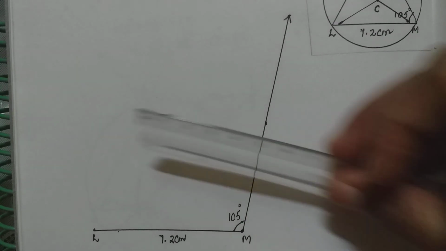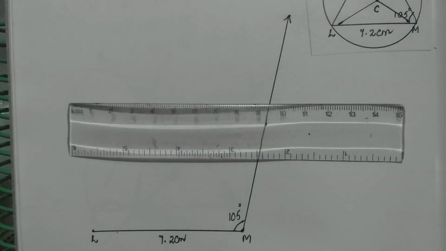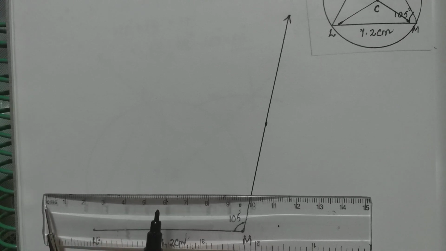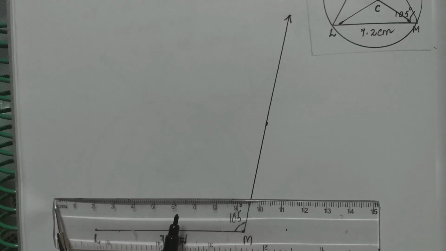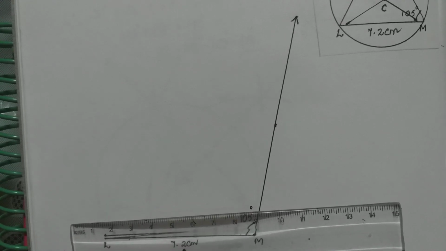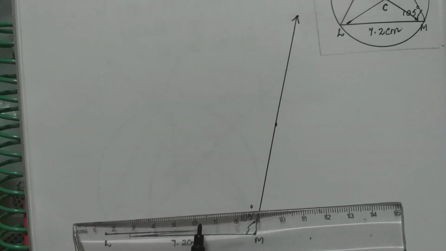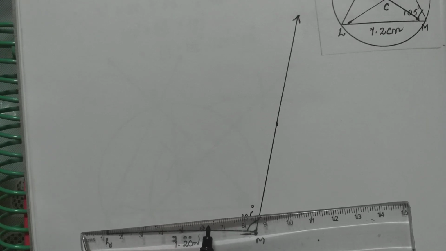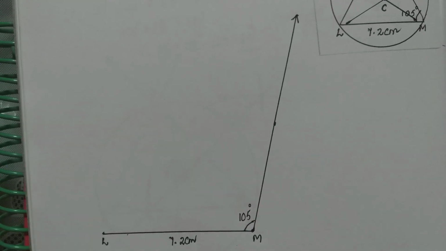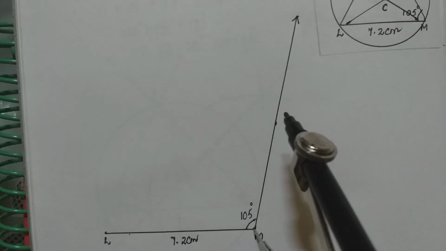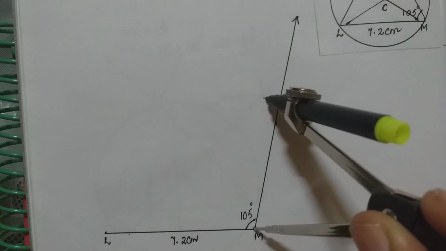So what do I do? I take the scale, I take my compass and measure 6.4 centimeter on this, and now at M I will keep the point of the compass and cut an arc here.